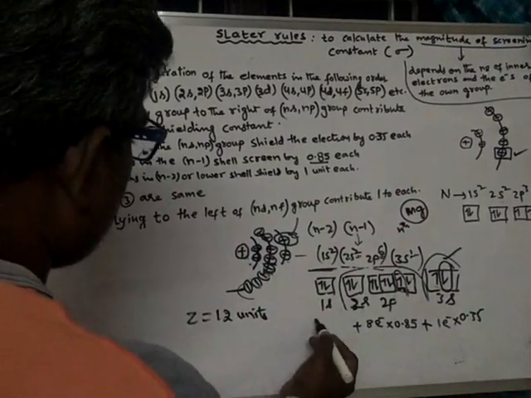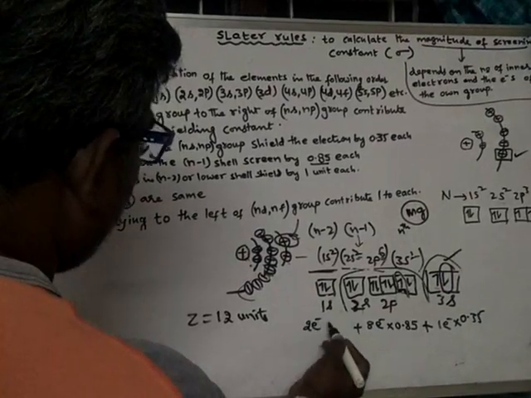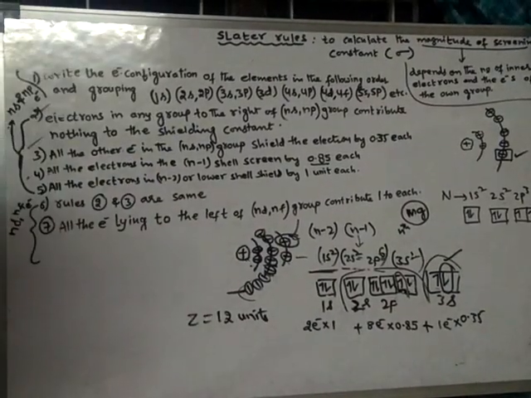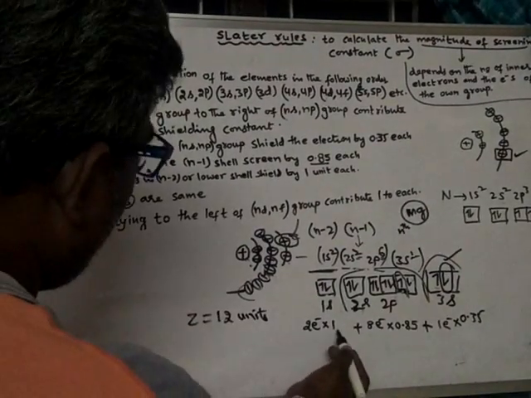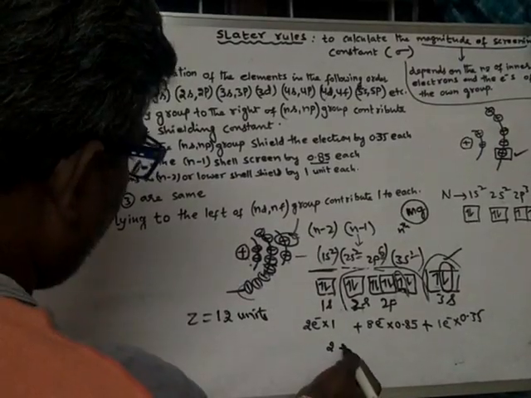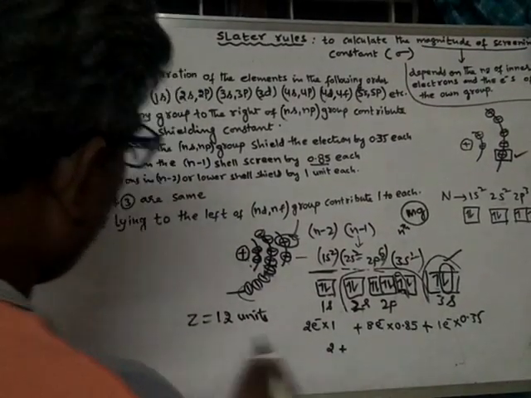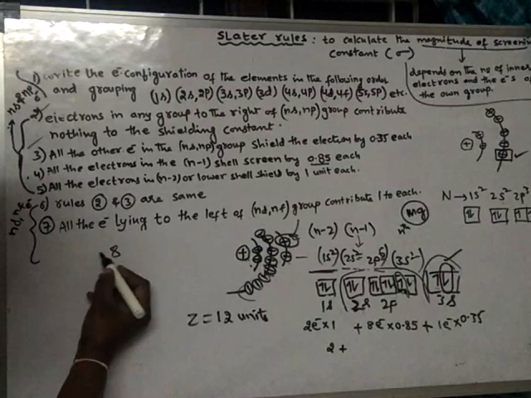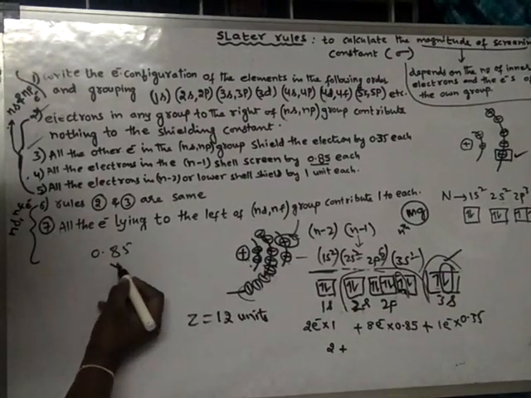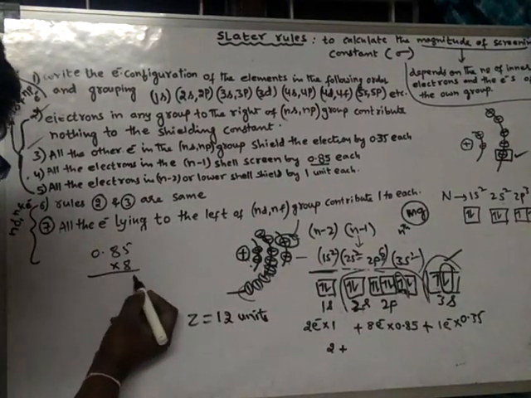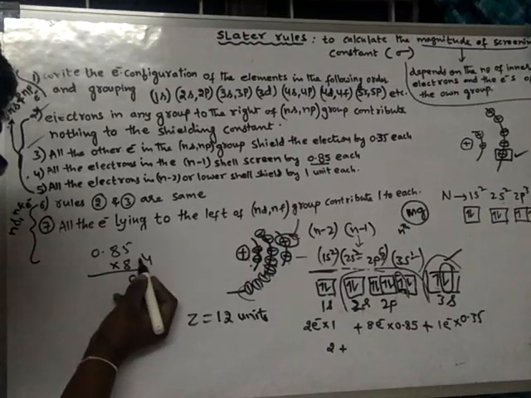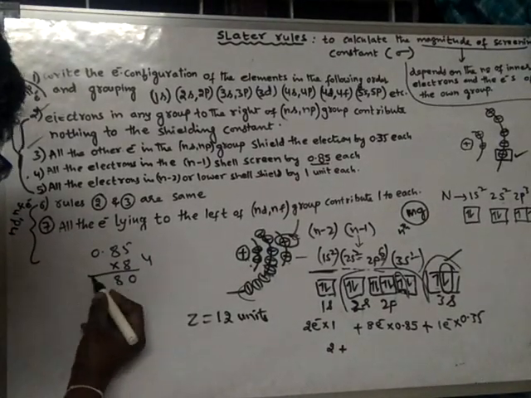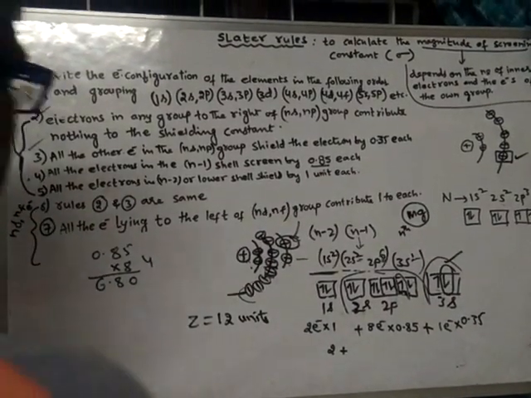So these two electrons will shield by 1 unit each. Altogether it will be 2 plus 8 into 0.85. 0.85 into 8: 5 8s are 40, 8 8s are 64, plus 4 is 68. So 6.8.